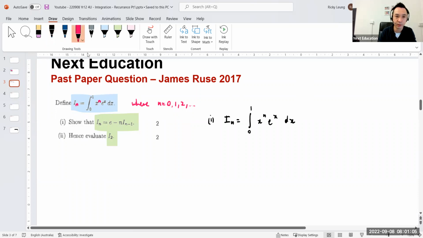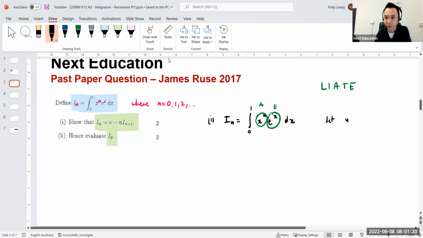Now, applying LIATE, in this case we have algebra and we have exponential. So quite simply, if you did LIATE, you'd let u equal the algebraic term first, x to the power of n.